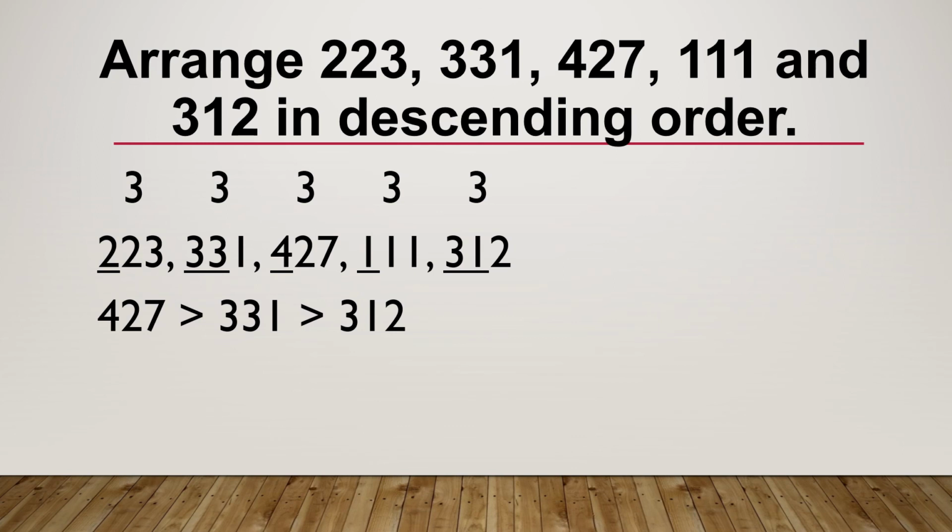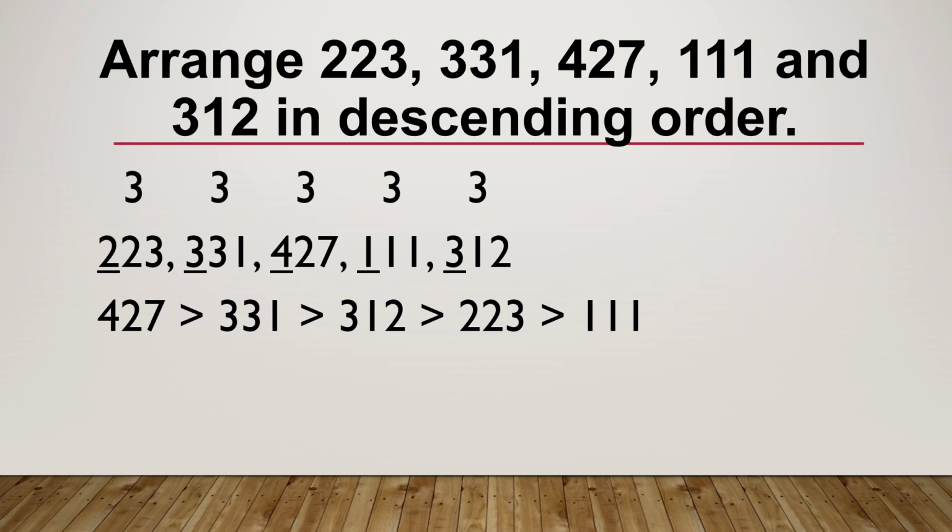And which numbers are left? 223 and 111. In 223, the hundreds place digit is 2 and in 111, the hundreds place digit is 1. In 2 and 1, 2 is greater than 1. So, 223 is greater than 111.